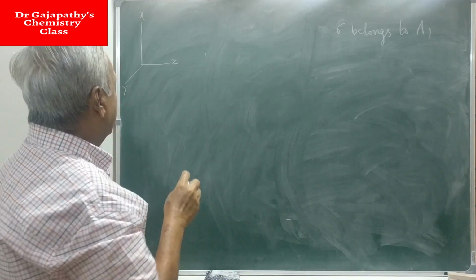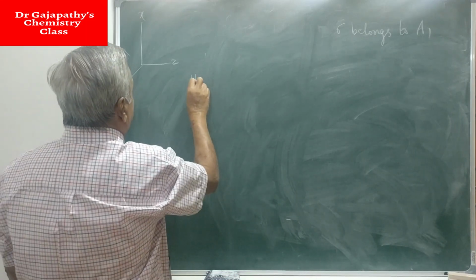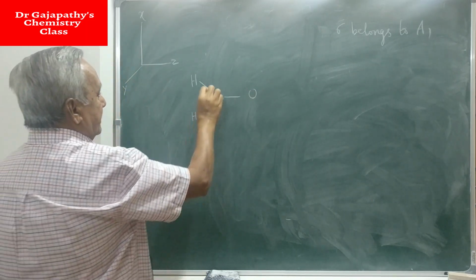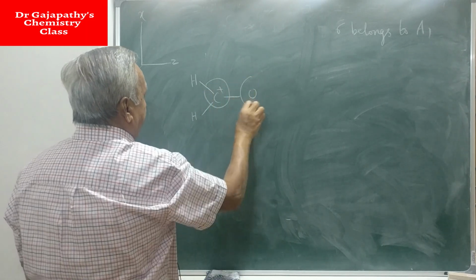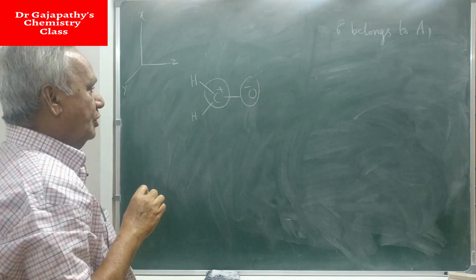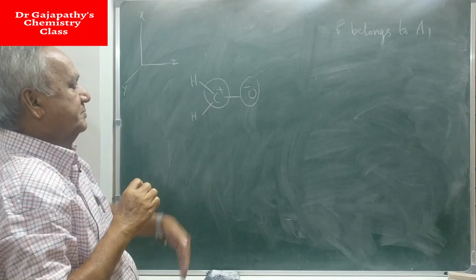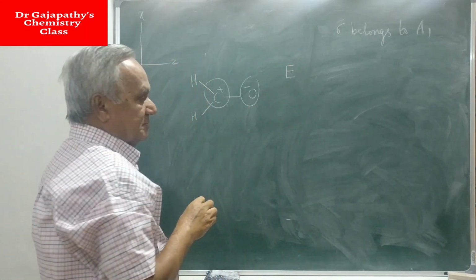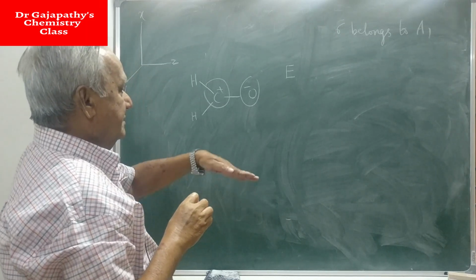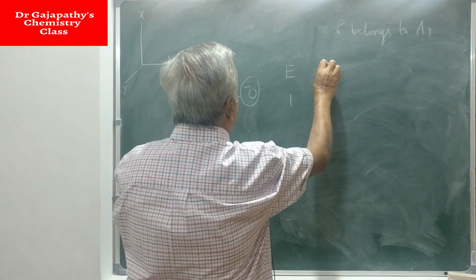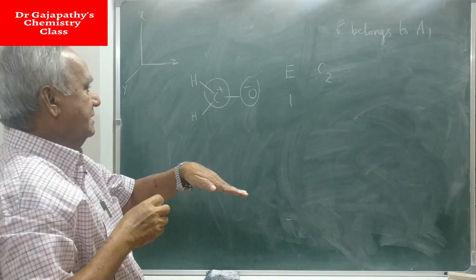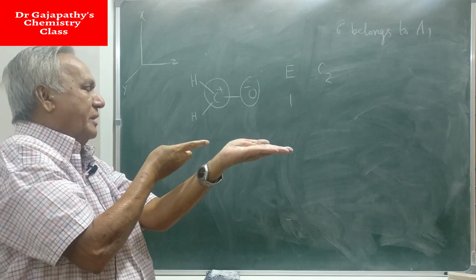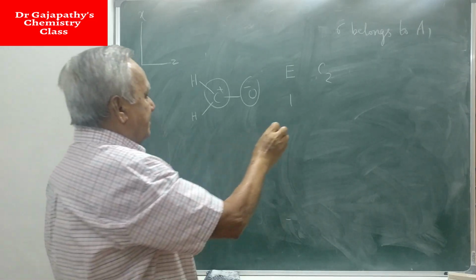Now about the sigma star. Sigma star is like this. Don't forget the molecule is in this plane. I perform identity operation. Nothing happens. C2. I put an axis here and give a 180 degree rotation. Nothing happens.